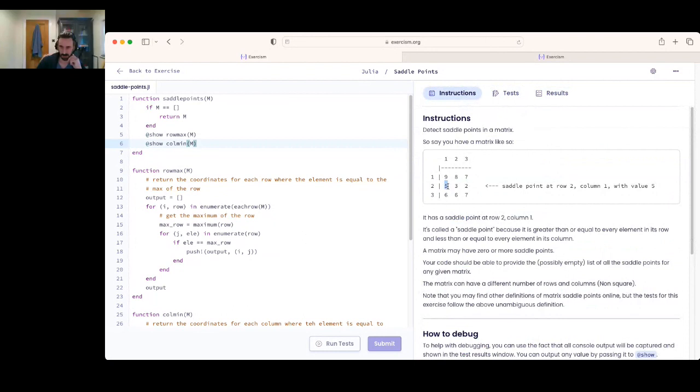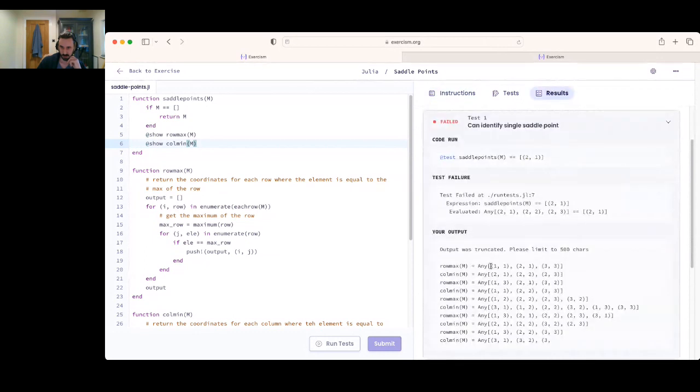That is row 2, column 1, so 2, 1. And we're expecting the row max to bring back 1, 1, 2, 1, 3, 3. So let's just check that. Our row max brings back 1, 1, 2, 1, 3, 3. Gosh, it almost looks like I know what I'm doing.